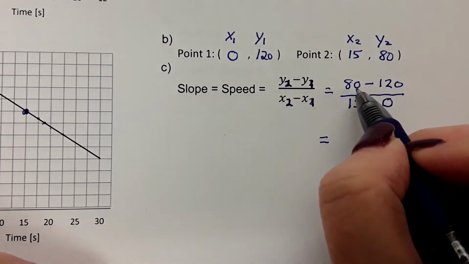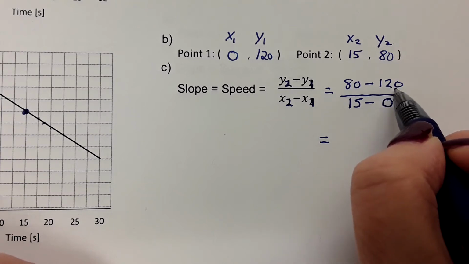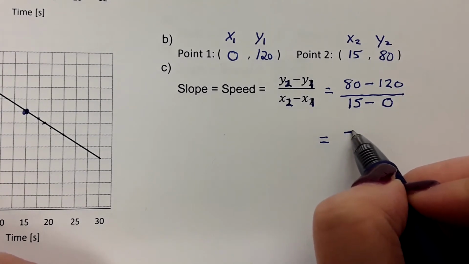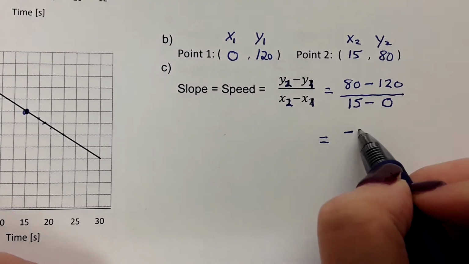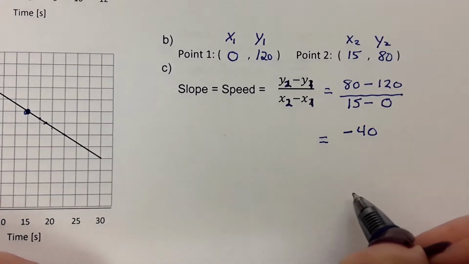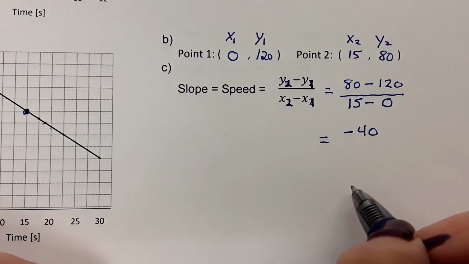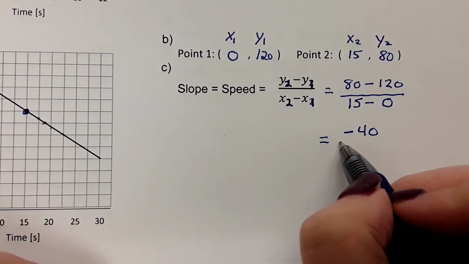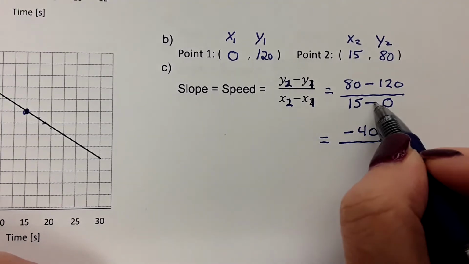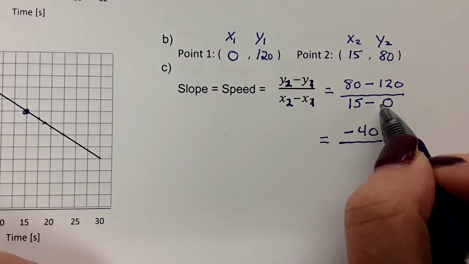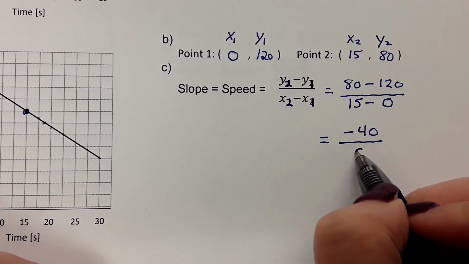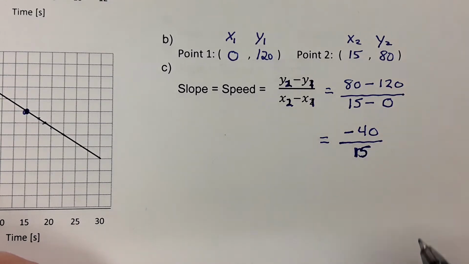Now, if we say 80 minus 120, we get negative, because that one's the bigger one, we get negative 40. Okay? Negative 40. Now, we're going to divide that by 15 minus 0. 15 minus 0 is just 15. You're not taking anything away, actually.